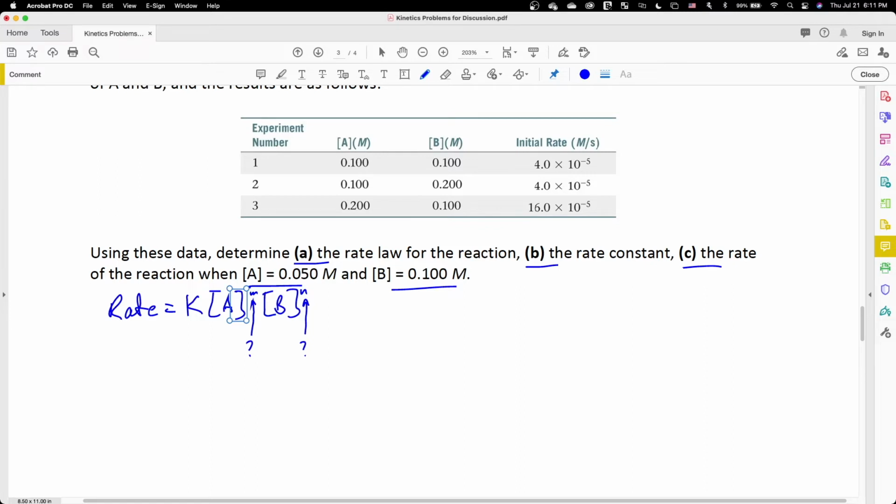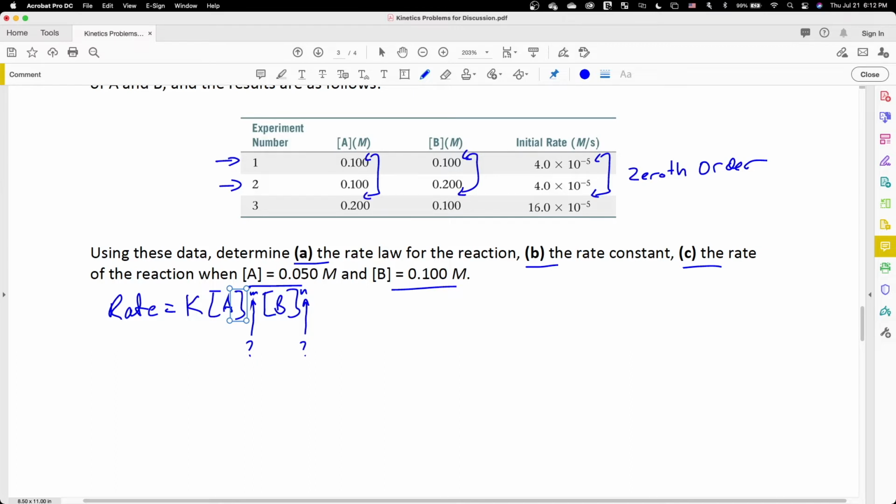When we look at reaction 1 and reaction 2, where A stayed the same and B was doubled, and the reaction rate stayed the same, that means that's a zeroth order reaction with these two being involved. Okay.